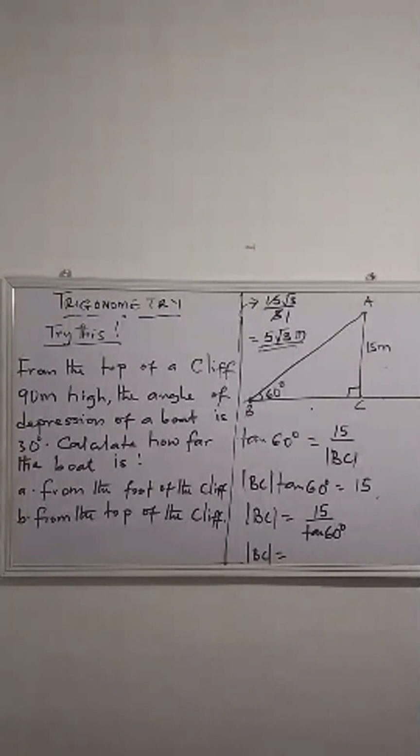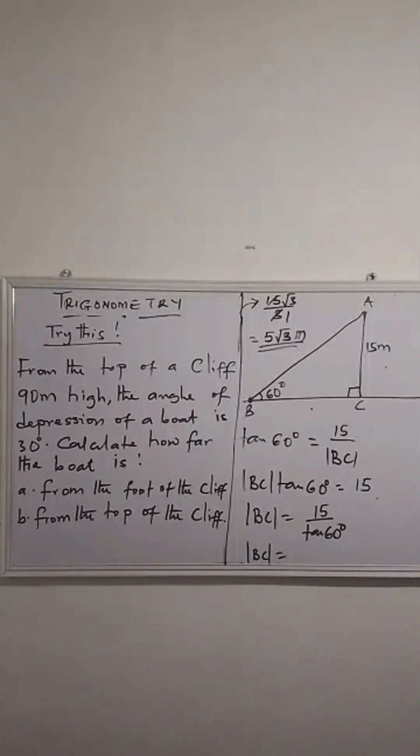From the top of a cliff, 90-meter high, the angle of depression of a boat is 30 degrees. Calculate how far the boat is from the foot of the cliff and B, from the top of the cliff. Now let's do that within 2 minutes before we give the solution to the problem.